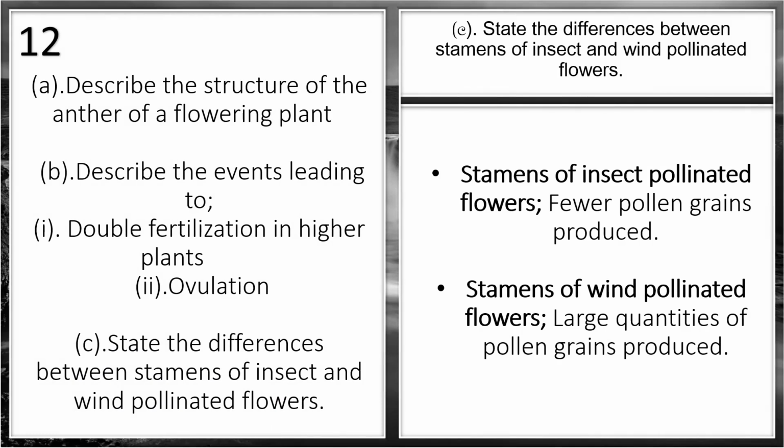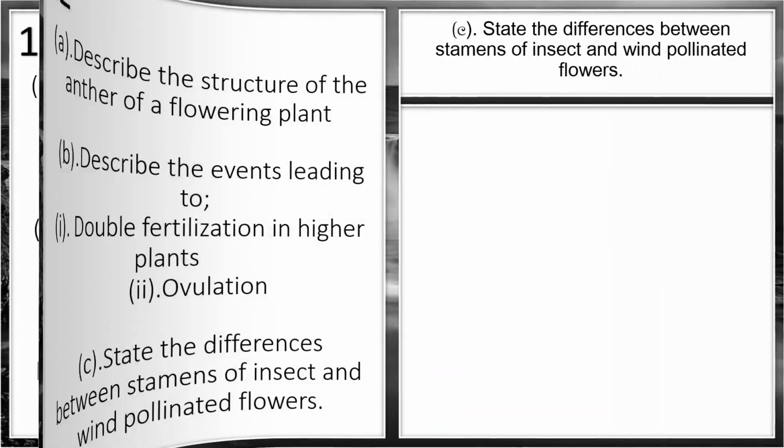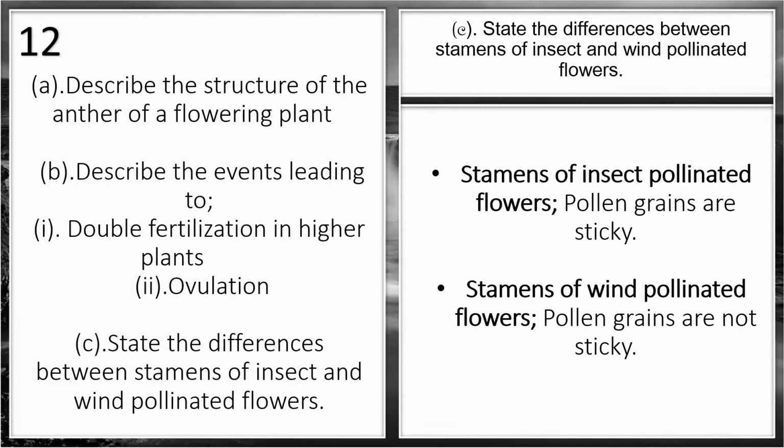Insect-pollinated flowers produce fewer pollen grains, whereas wind-pollinated flowers produce large quantities of pollen grains. In insect-pollinated flowers the pollen grains are sticky, whereas in wind-pollinated flowers the pollen grains are not sticky.